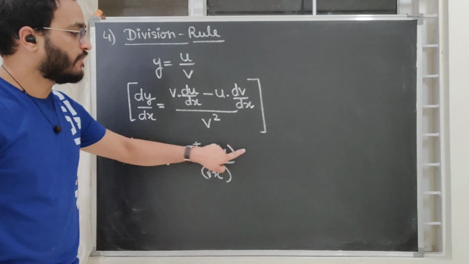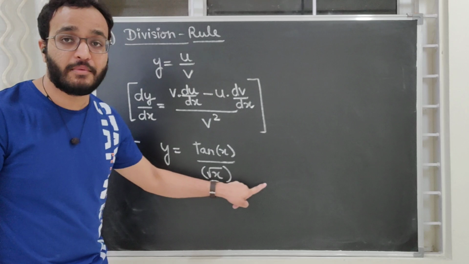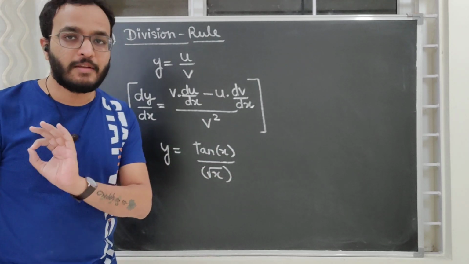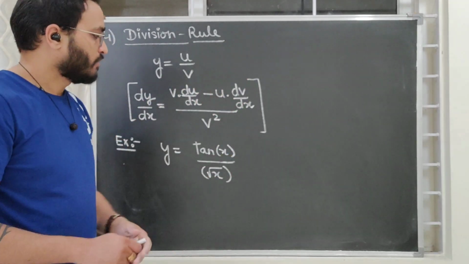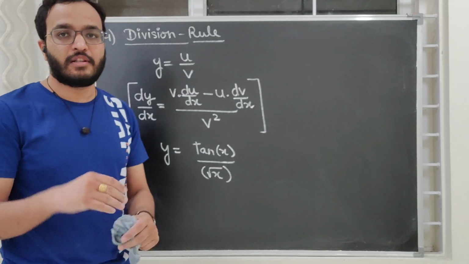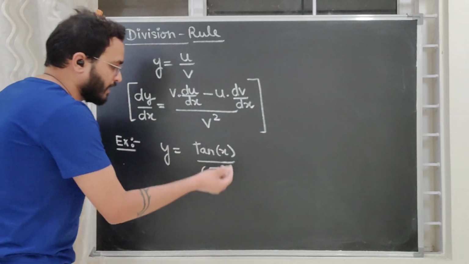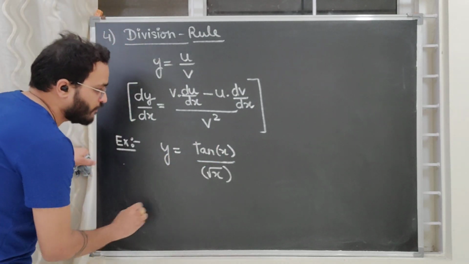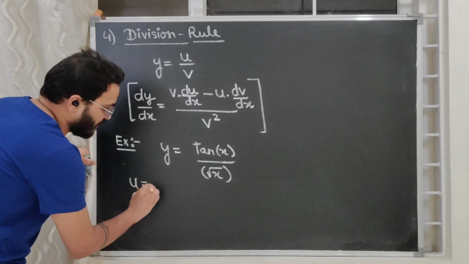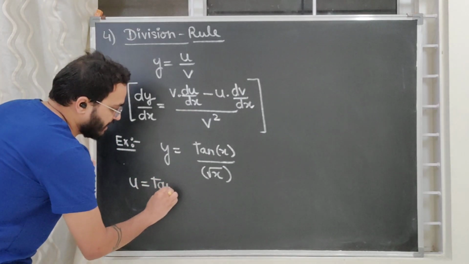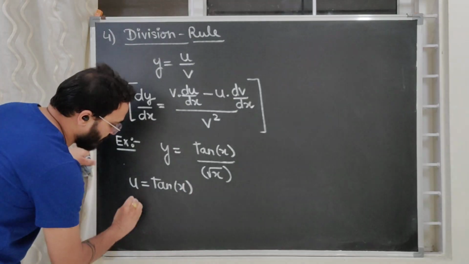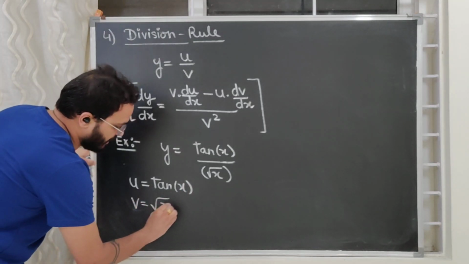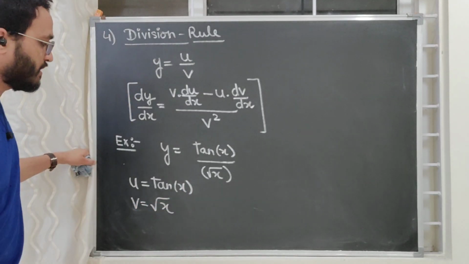So the numerator will be u, the denominator will be v, and now you will simply apply this formula. So what you do, students, sometimes to avoid confusion, it is better you assume right in the very beginning itself that u is tan x, v is root x.